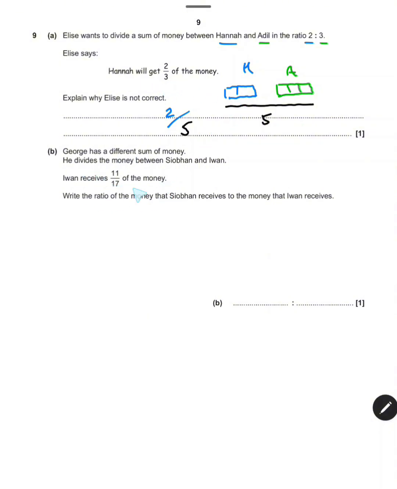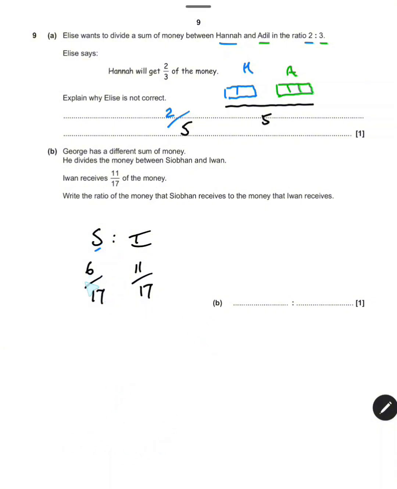We've got a similar question down here, just in reverse. We've got George with some different money, and he's dividing it between 2 people. One person gets 11/17. We need the ratio that they share that money into. So let's have a look. If Ewan gets 11/17, well, Siobhan must get everything else, so that would be 6/17.